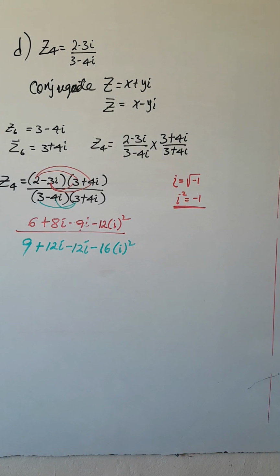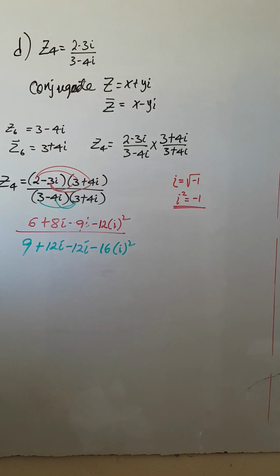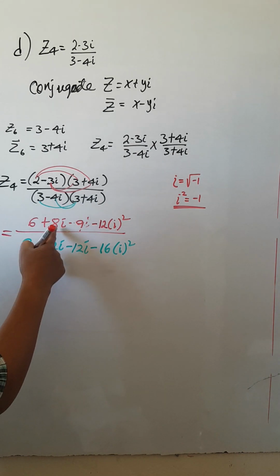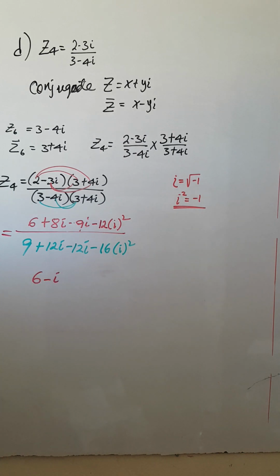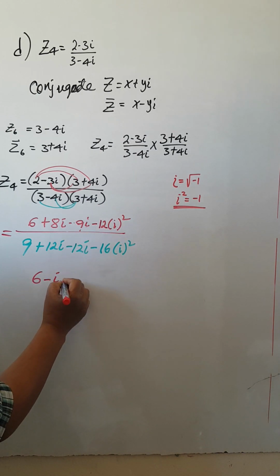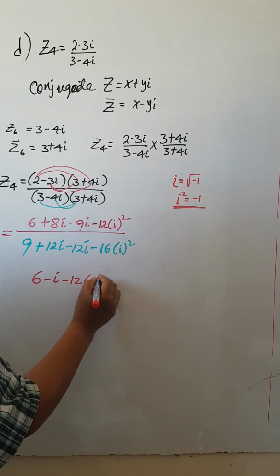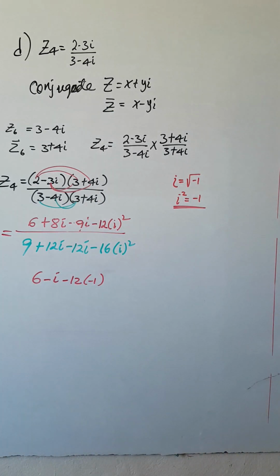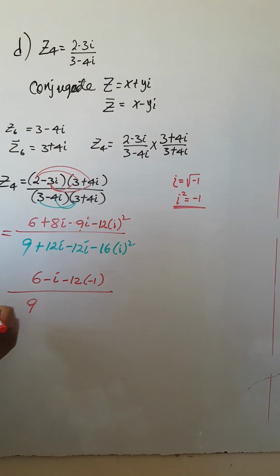So here we have 6, this is simple 6. Now 8i minus 9i is minus i. Here we have negative 12, and we said that i squared is negative 1. Divided by, here we have 9.